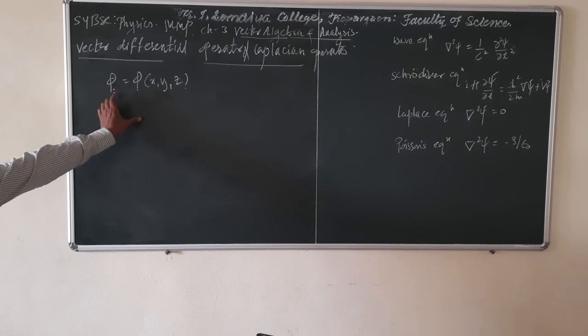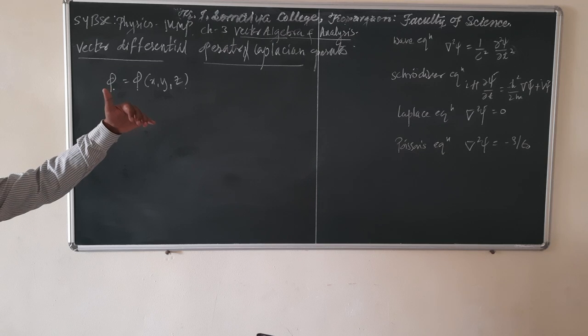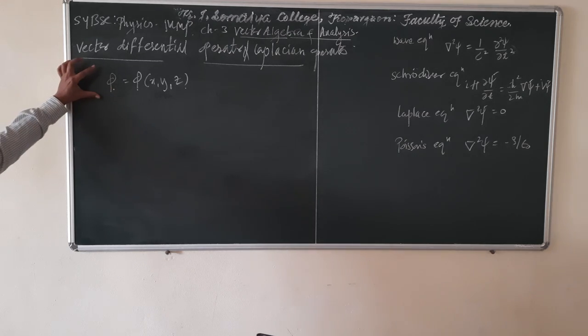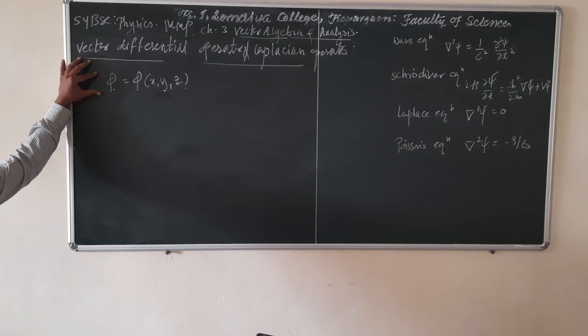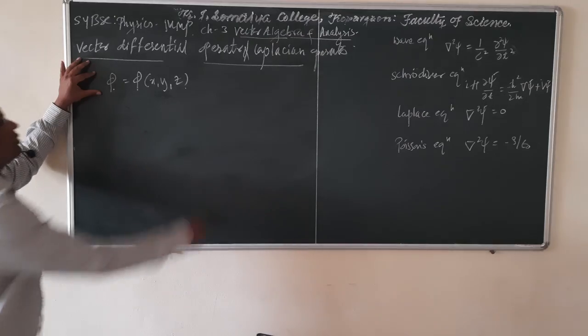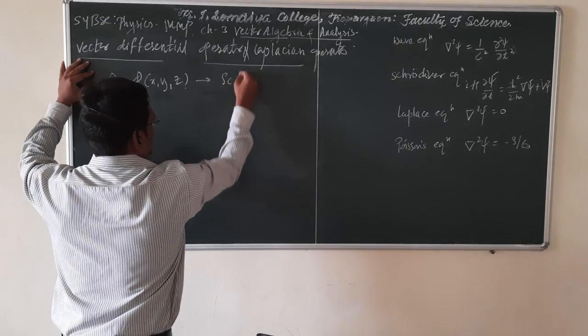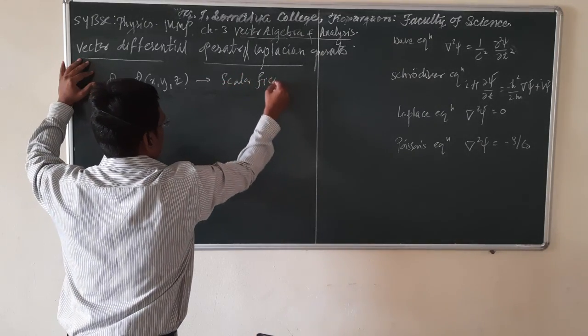Before this section we studied the partial derivative of a vector. Here phi is a scalar field.